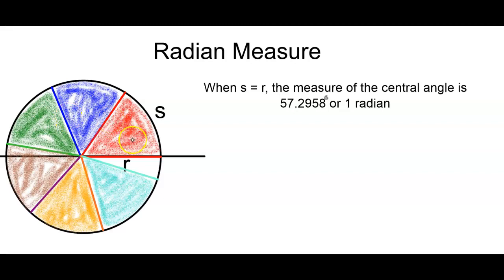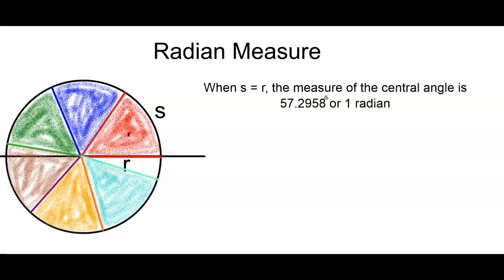If you notice, I have 1, 2, 3 full radians in the top of my circle, and then a little bit left over before I get to 180 degrees. And then if I talk about the entire circle, I have 1, 2, 3, 4, 5, 6 radians, plus I have this sliver here that's left over.